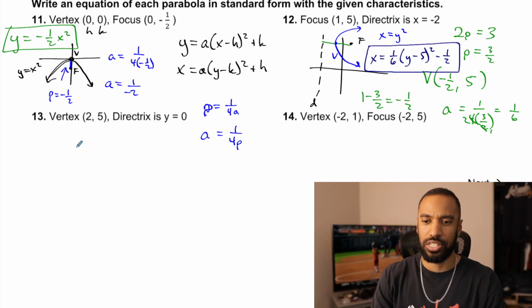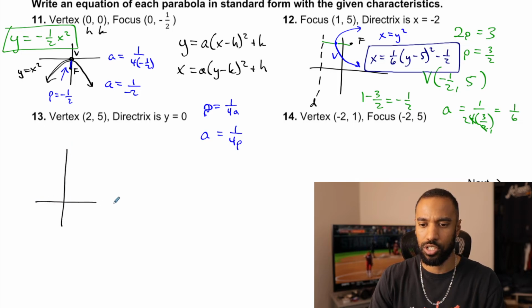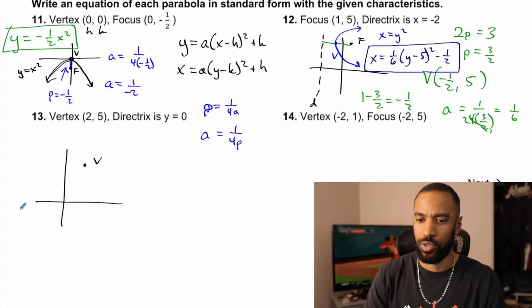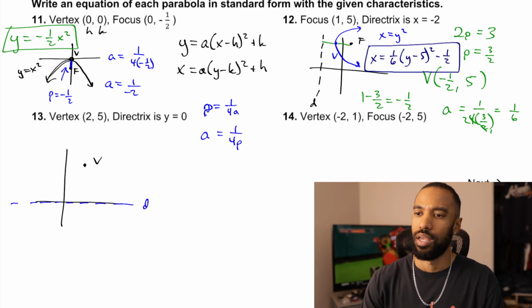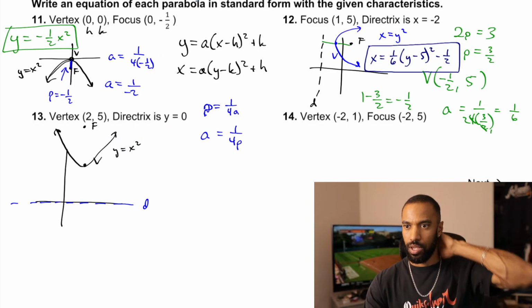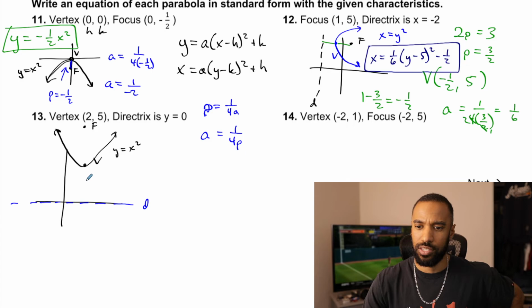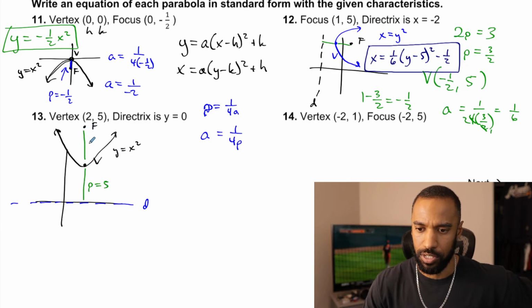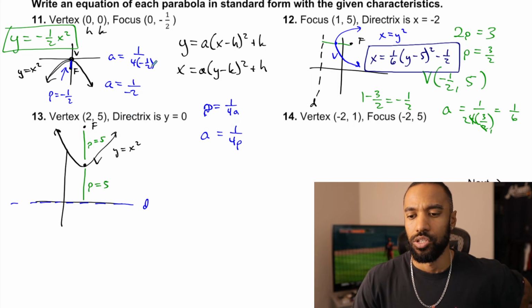All right, vertex is at (2, 5). Directrix is y = 0. That's the x-axis, and (2, 5) is right there. The directrix is way down here, and your focus would be way up here, so your graph goes upward. It's a y = x² equation, a positive x² equation. The distance from the directrix to your vertex is 5. That's your p-value, same with the focus, so p = 5.